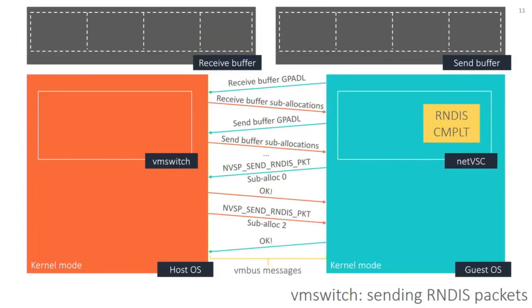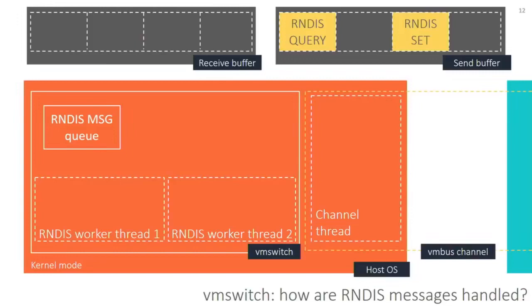And so that's how you are able to use these buffers in a way that is more parallel than just sending stuff through VMBus. The reason for that becomes clear when taking a closer look at how these things are processed on the host OS side. You actually have a number of threads, and only one thread is ever going to handle VMBus messages.